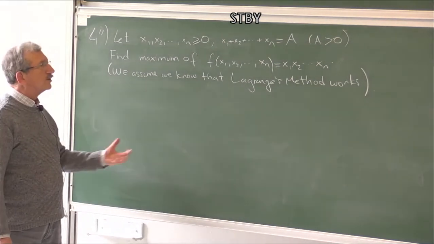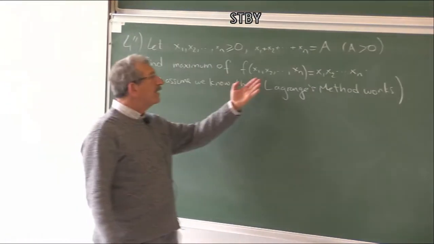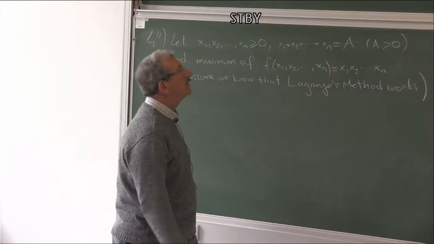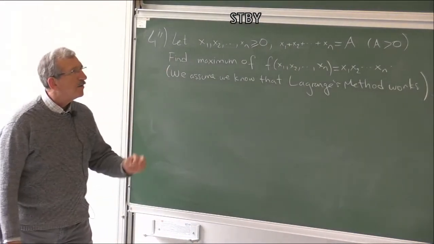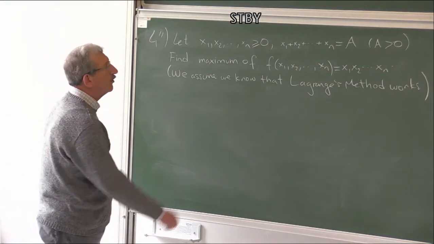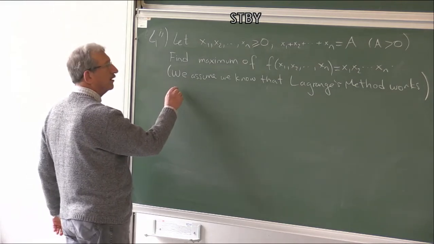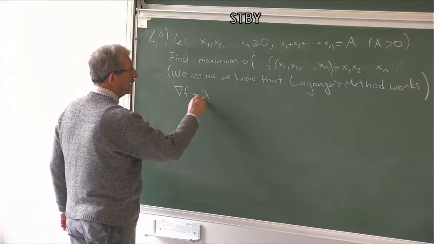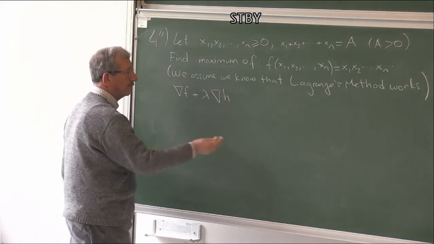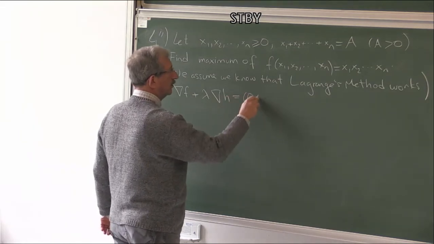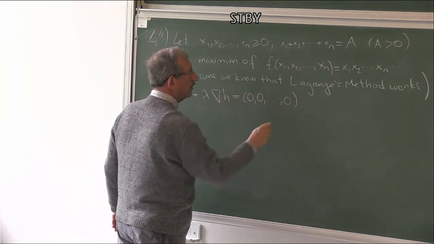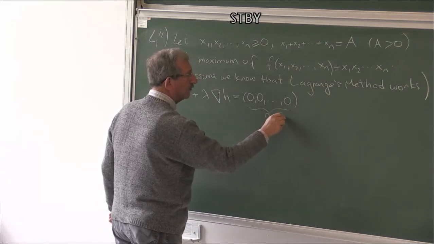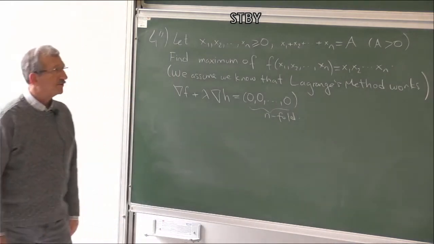Well, this is, of course, a Lagrange problem. Namely, we want to find the maximum value of this product, subject to the condition that their sum is A. Okay, so we have gradient f plus lambda gradient h equal to 0, this is an n-fold vector.